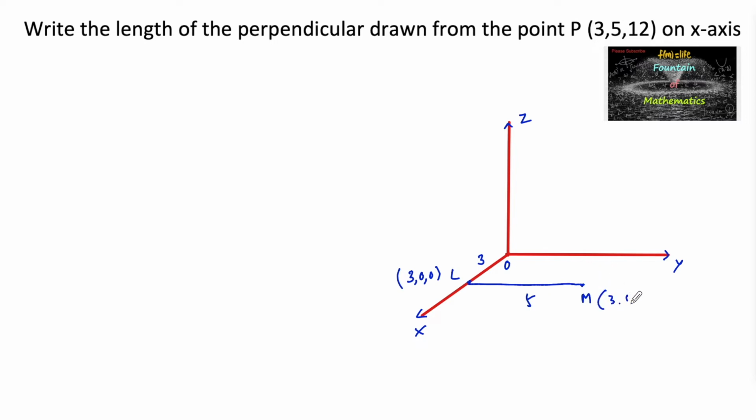So it is a point on xy plane. So 3, 5, z coordinate will be 0, and then take 12 units towards the positive direction of z axis perpendicular to the xy plane. So we can get say here is a point P 3, 5, 12 with the length of PM equal to 12 units, and now we need to find the distance of this point from x-axis.